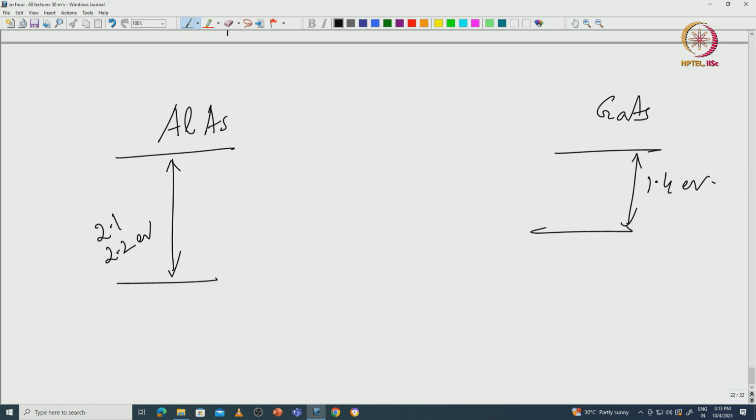If you form a heterojunction, of course it will be an abrupt heterojunction. But while going from gallium arsenide to aluminum arsenide, suppose I continuously change the mole fraction, meaning I start incorporating aluminum arsenide slowly.